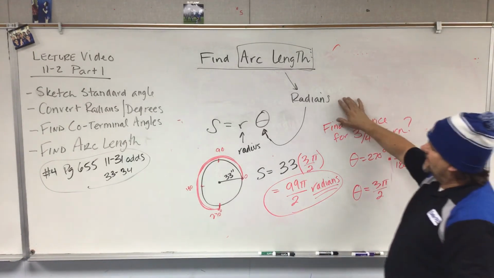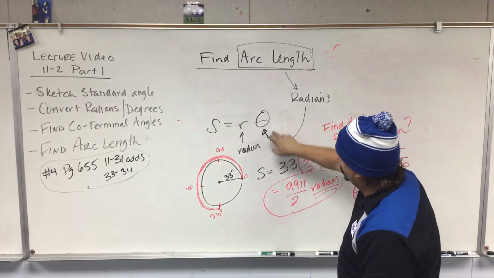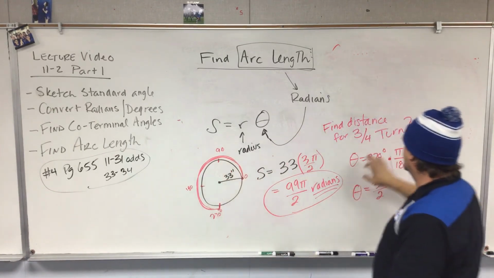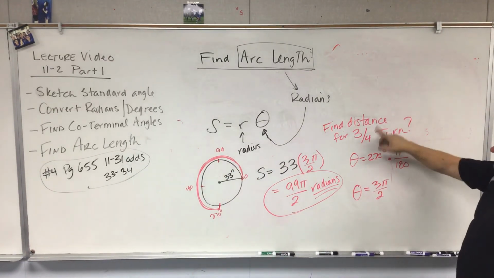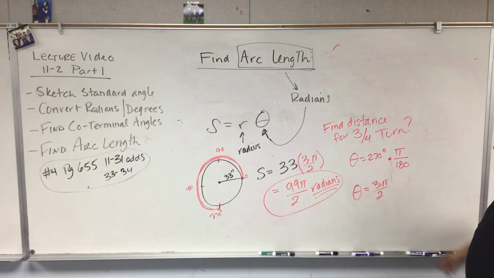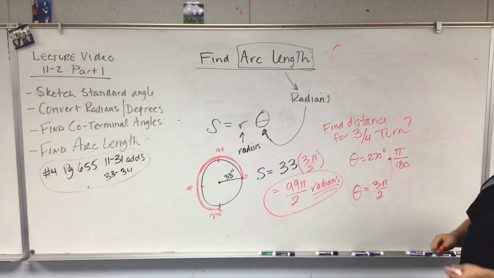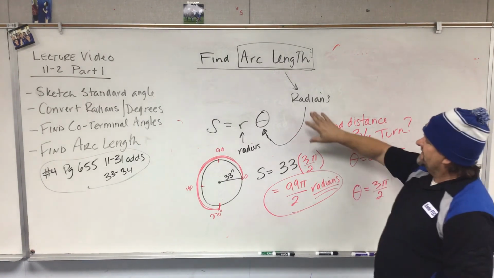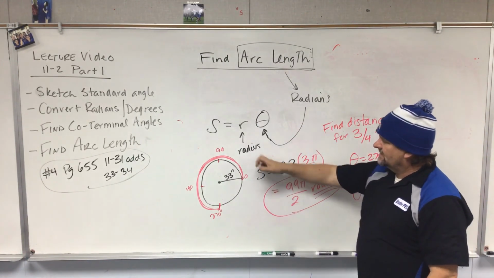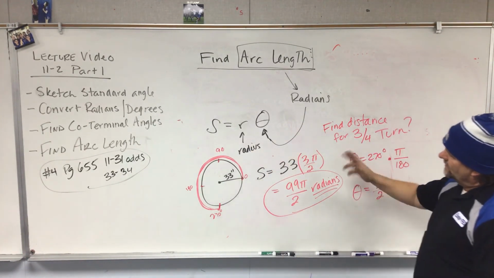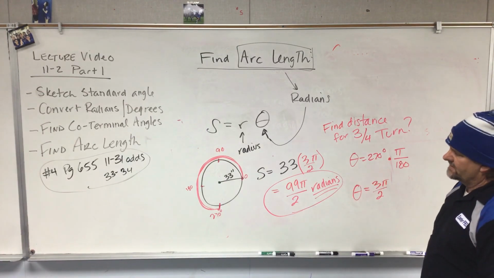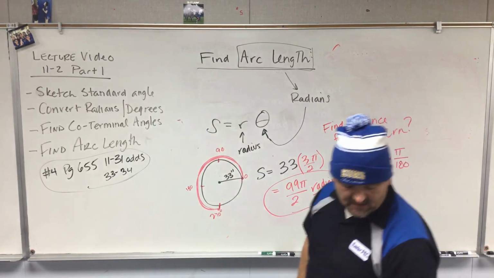So when you're finding the arc length, you got to convert your theta into radians, and they'll ask you weird little questions like find the distance of 3/4 of a turn, and you'll have to do some conversion. Every one of these is different, so make sure you convert to radians. We'll have to walk through a couple more of these problems, but that's the end of the video today, guys. We'll talk to you later.